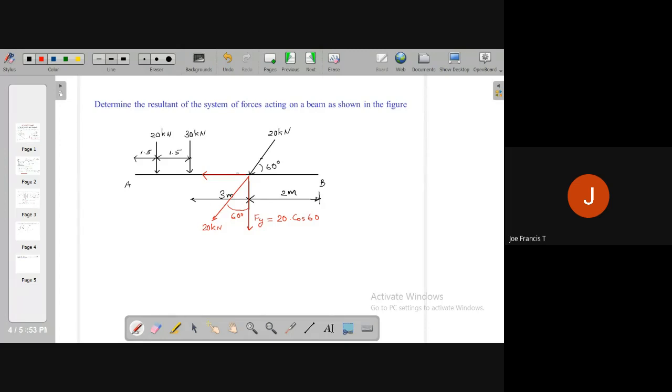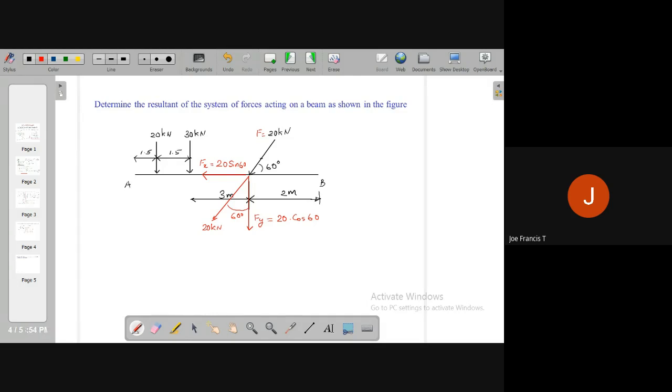And this component, Fx, is 20 sin 60, assuming that this is F. So I call this force F. This is the first thing that you need to do. You have to resolve the inclined forces into X and Y directions. By doing so, now we'll have forces only in the X and Y directions.